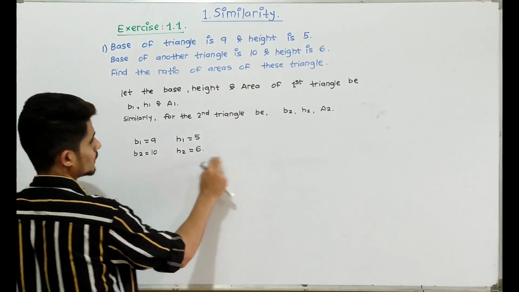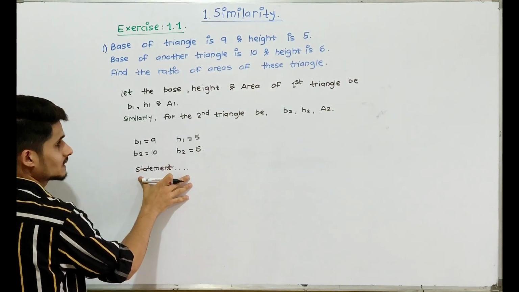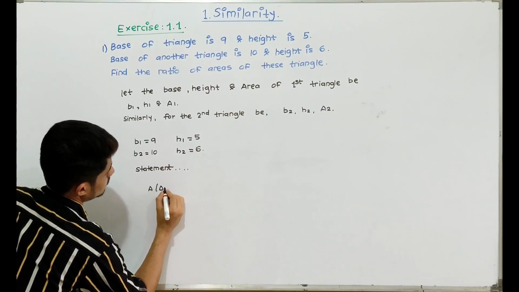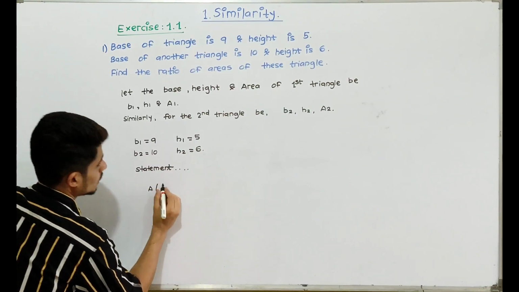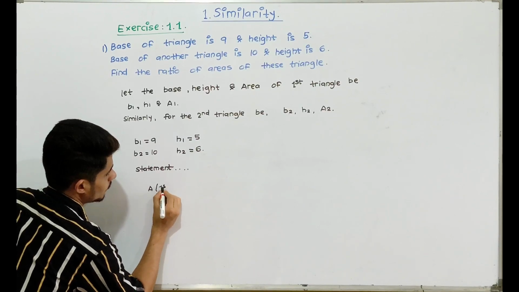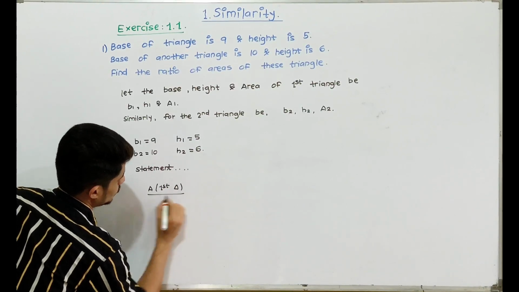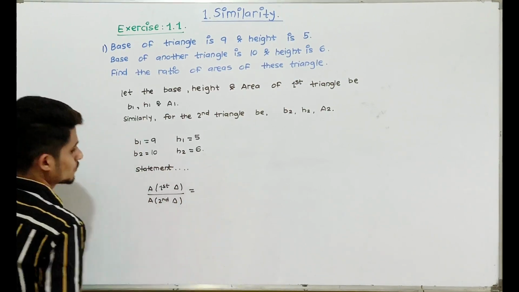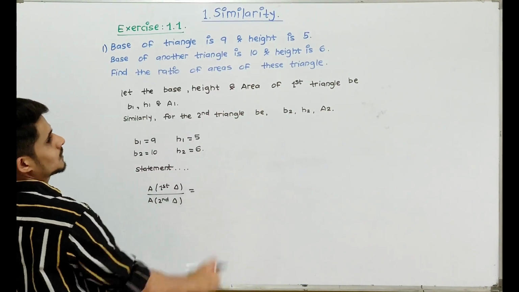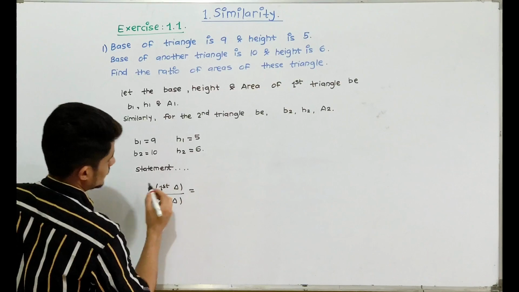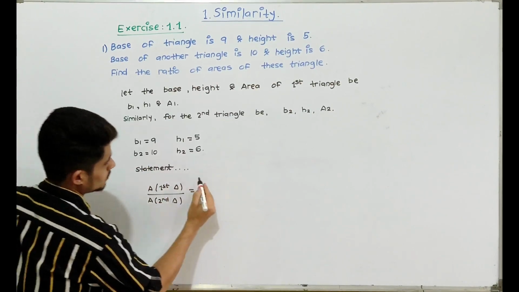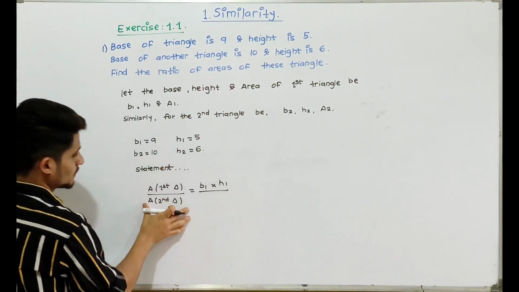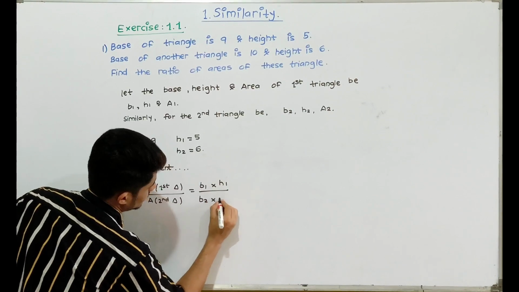After writing the statement, the solution will be the area of the first triangle upon the area of the second triangle is equal to the product of their bases and corresponding heights. The base for the first triangle is B1 and height is H1, similarly the base for the second triangle is B2 and height is H2.